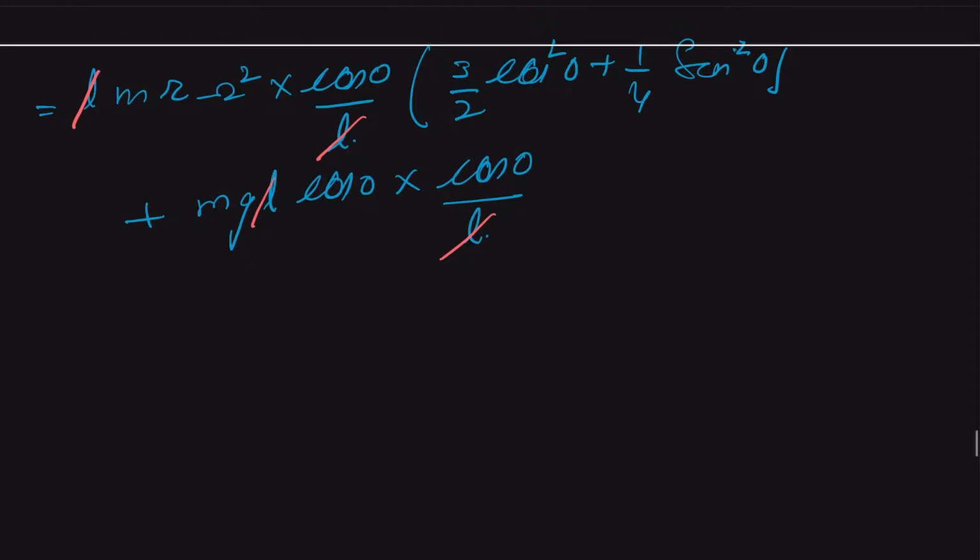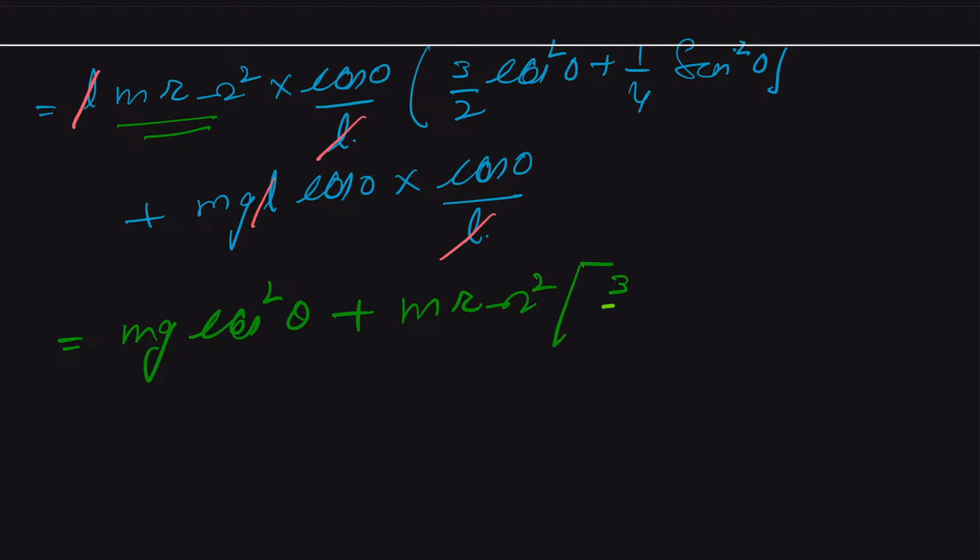From here we can write this will be equal to mg cos squared theta plus, and this is left with only mr omega square, and inside we get 3/2 cos cube theta plus 1/4 cos of theta and sine squared theta.